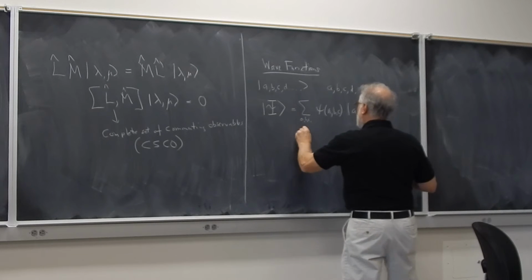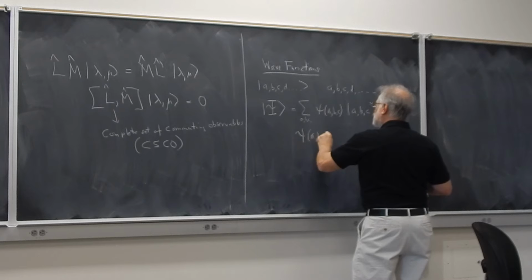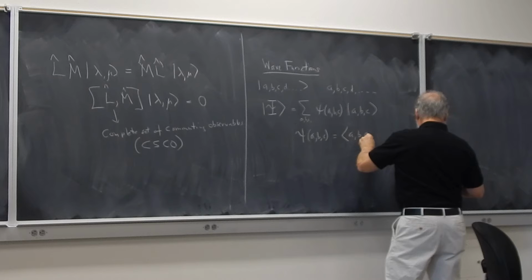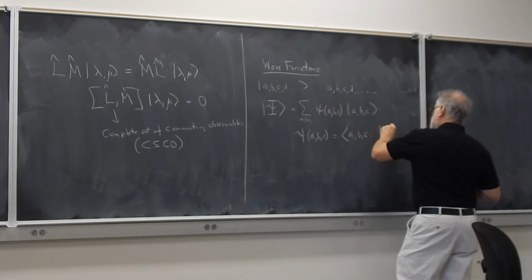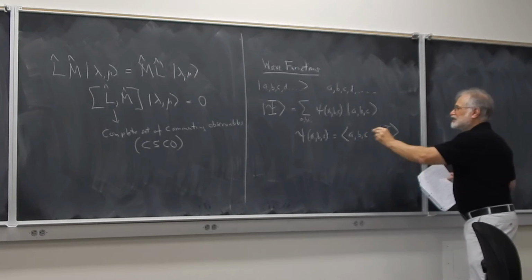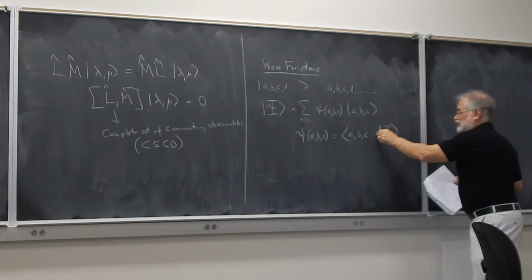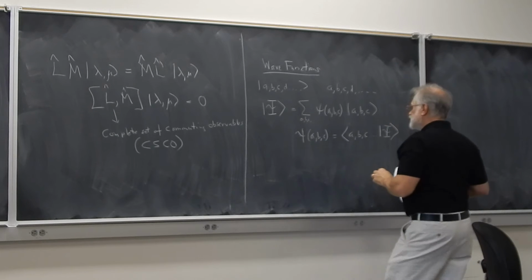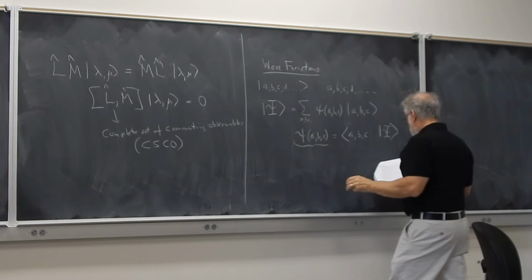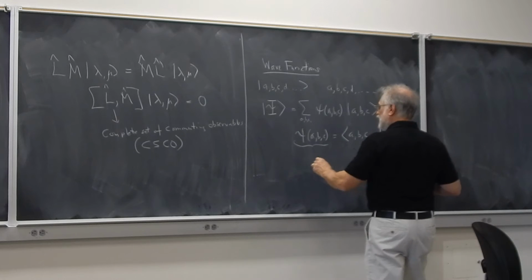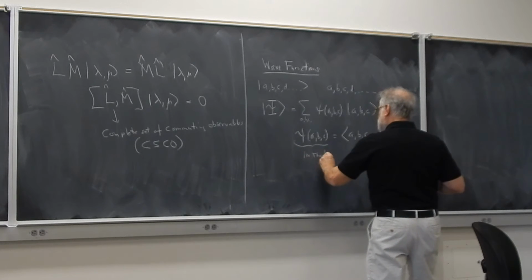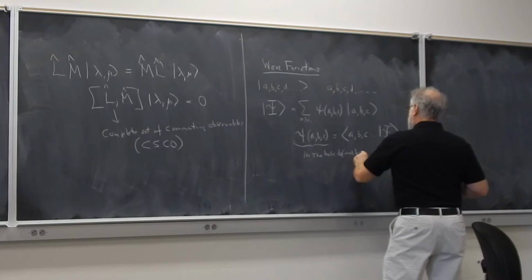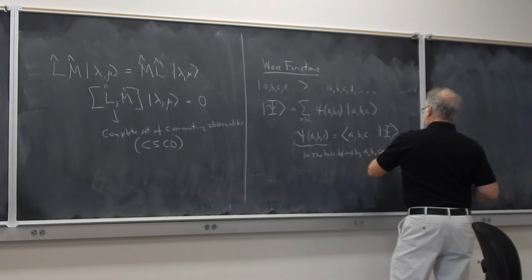And I can write psi of A, B, C as bra A, B, C with psi. So the inner product of each of those bras with psi. We call psi of A, B, C, etc. the wave function of the system in the basis defined by A, B, C, etc. kets.